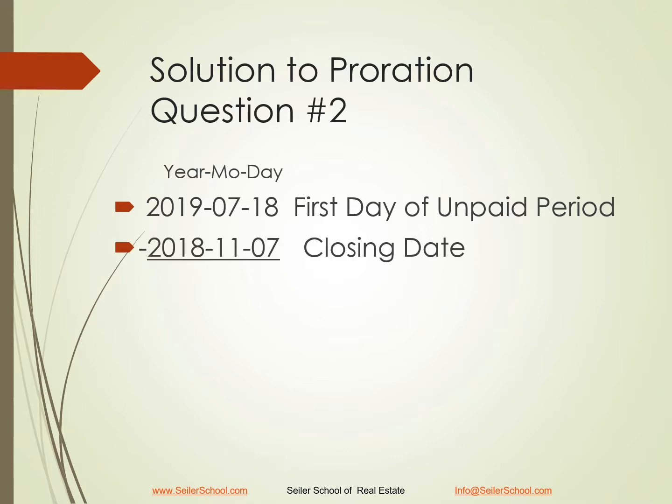Our closing date is 2018 November, month 11, and the day is 7. We do a little bit of math. We find out that we have 0 years, but we have 8 months and 11 days. 8 months times 30 is 240 days, plus 11. We have 251 days that we need to prorate.